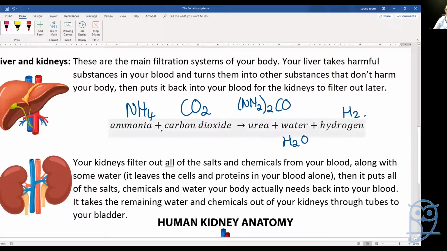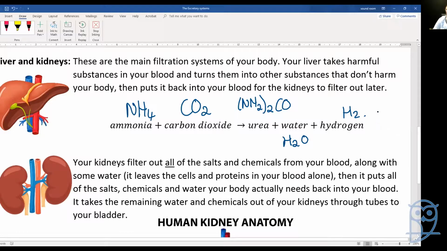So in us humans, we make urea with water and hydrogen as byproducts from our carbon dioxide cycle here. In certain kinds of reptiles and birds, instead of making urea, which uses lots of water to make, it instead makes uric acid, which is, if you've ever looked at bird poop, the thickish white goop inside bird poop, that is the uric acid. Okay.